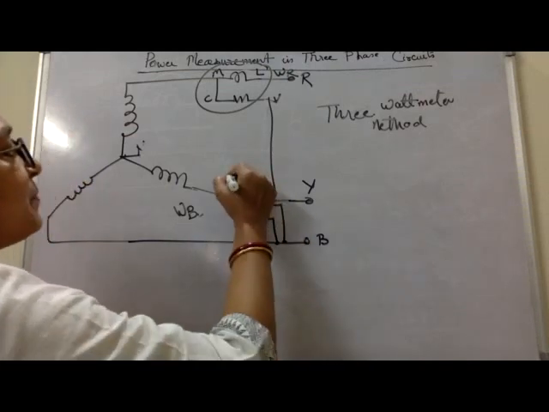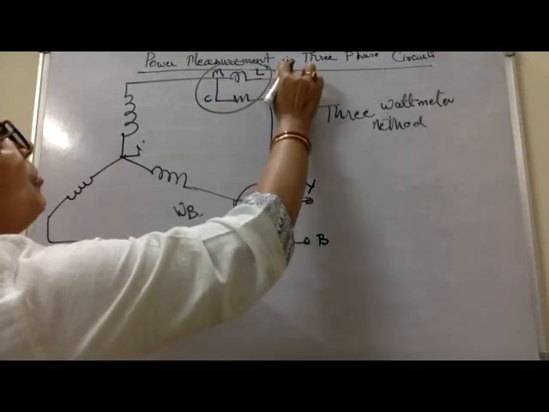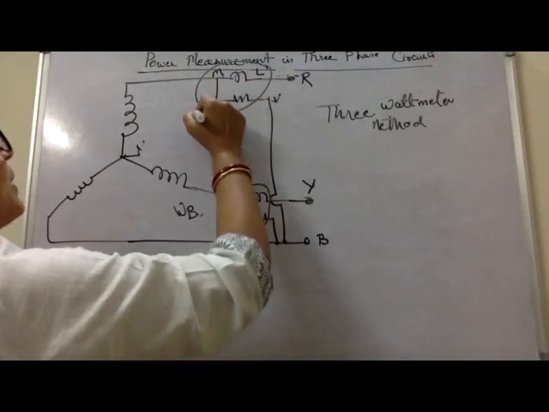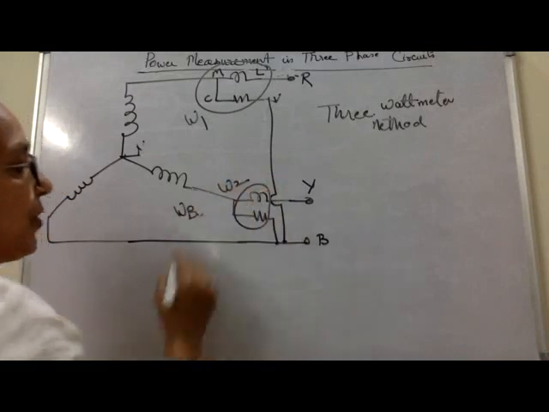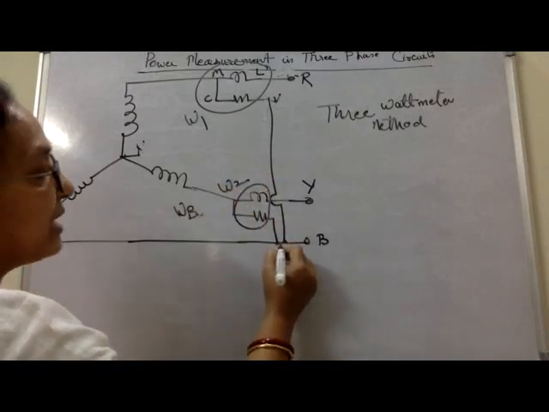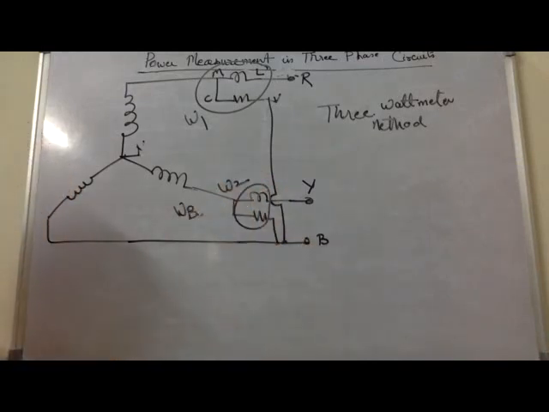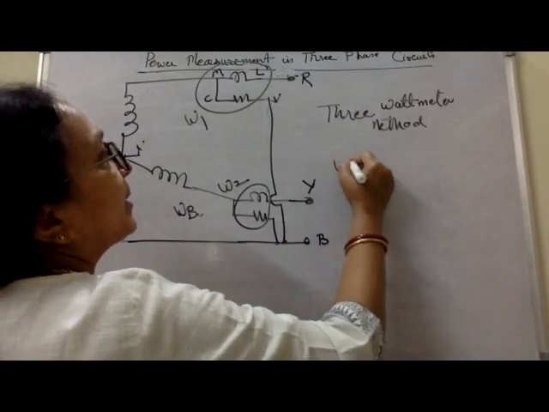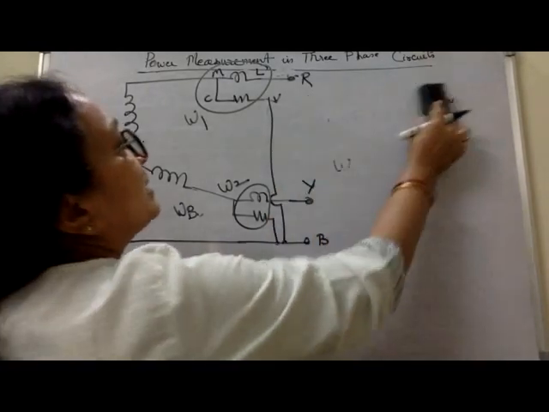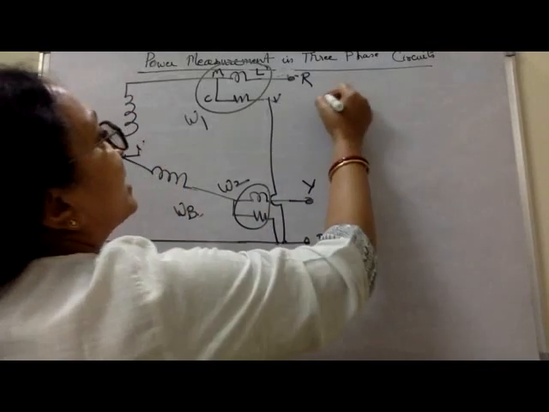This is our W1, this is our W2, and the third phase B is the common point. This is our 2 wattmeter method.